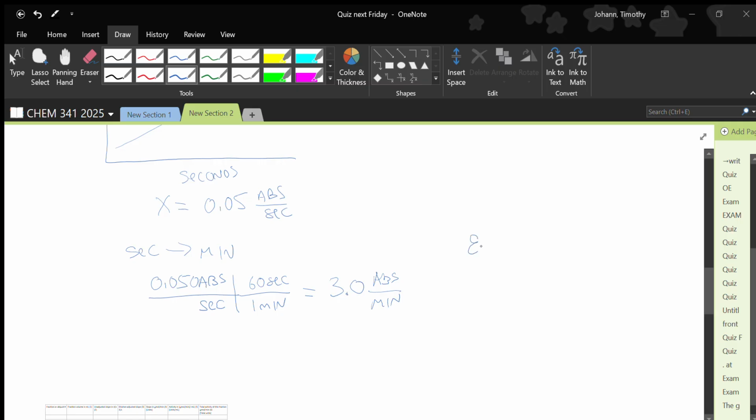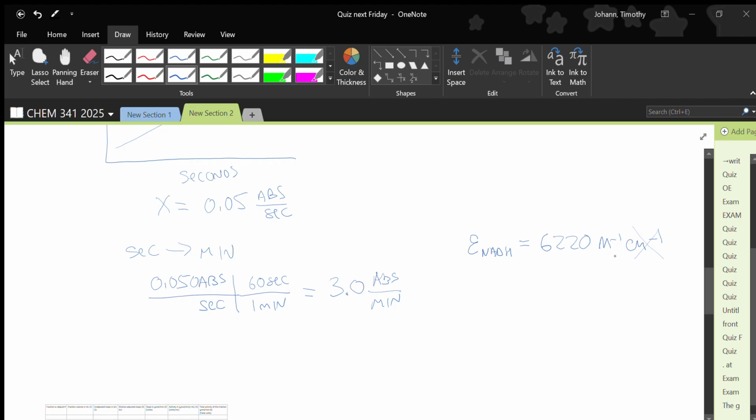The extinction coefficient for NADH is equal to 6,220 molar to the -1, centimeters to the -1. Actually, you have centimeters in here too. We're just going to ignore the centimeters. We can do that because everything you did was 1 centimeter. Remember that? So that just all cancels out. We're not going to worry about that.